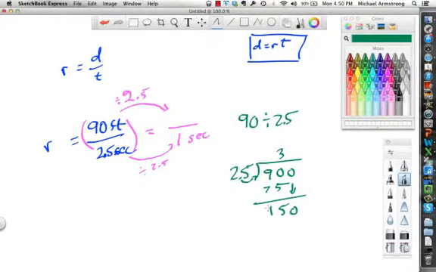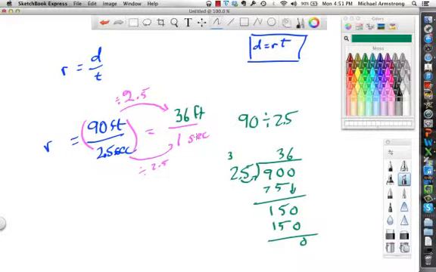Well, there's 4 quarters in $1, and plus 2 more for 50 cents. So 6 times 5 is 30. 6 times 2 is 12. 13, 14, 15. Works. So 36 times. So 90 feet in 2.5 seconds is 36 feet per second.